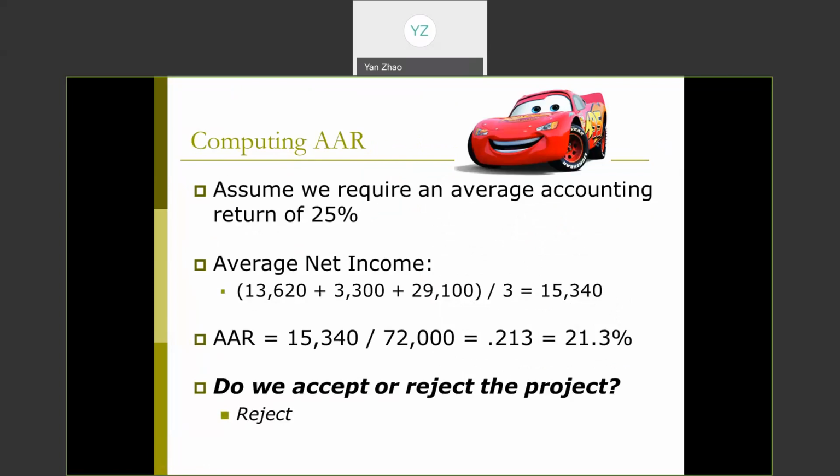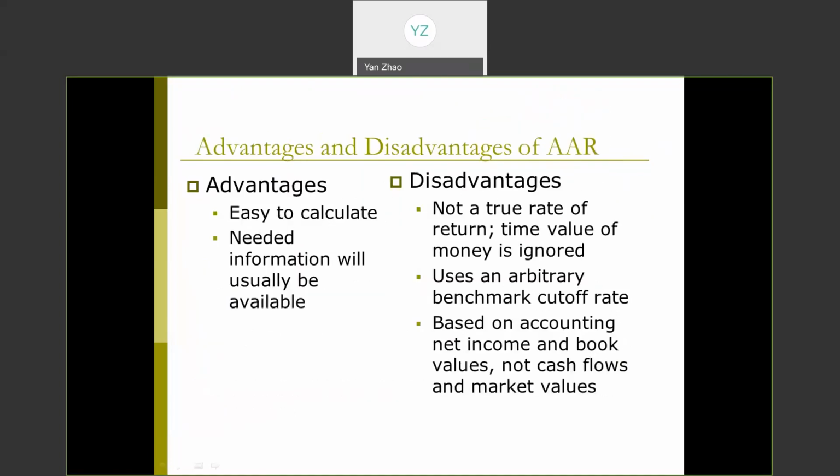If you have a second manager coming in, if the manager sets the cutoff rate as 15%, then this is a perfectly good project to go. And finally, the number is based on the accounting net income and book values, not cash flows and market values. Okay, so the real cash flows and market values are more relevant in terms of the calculation.